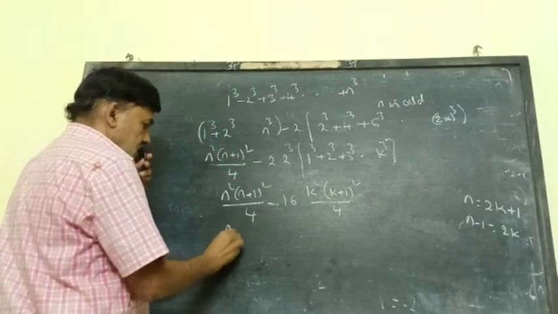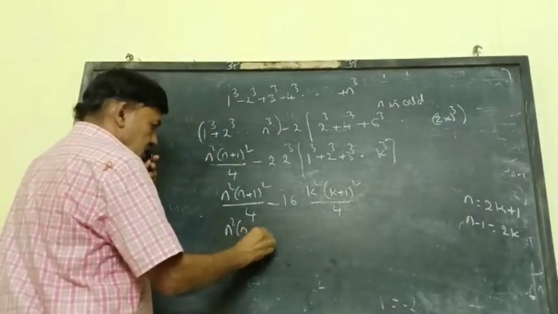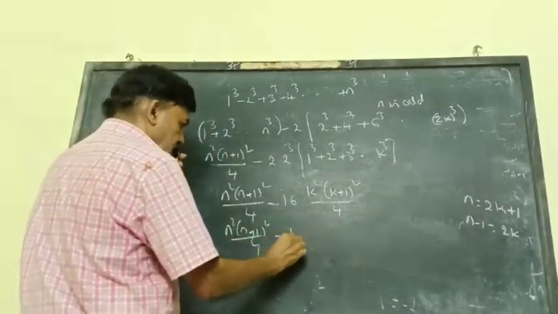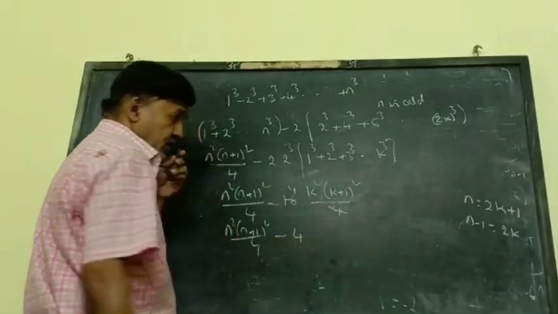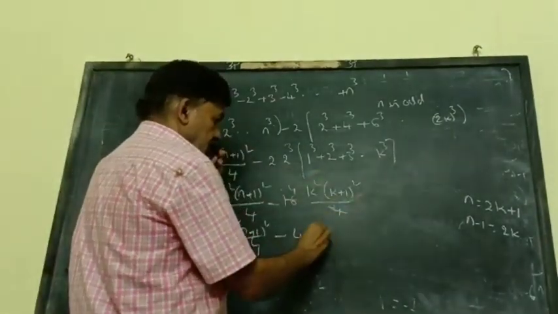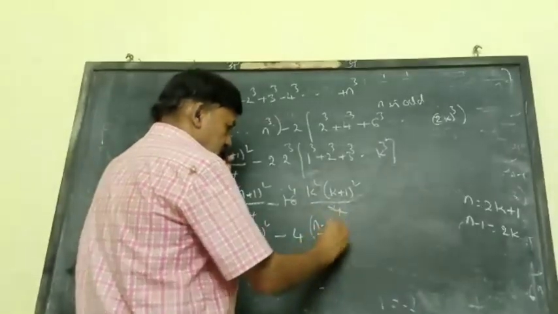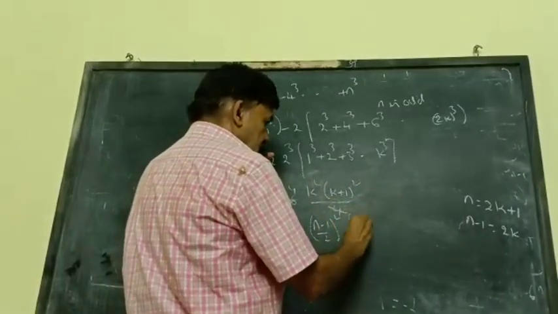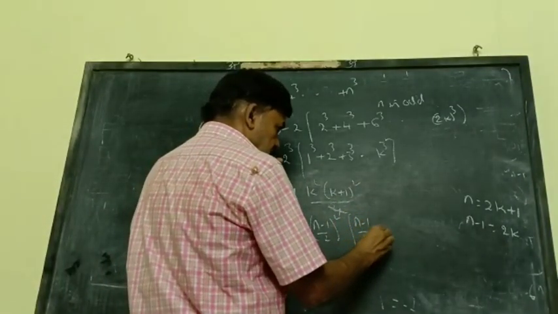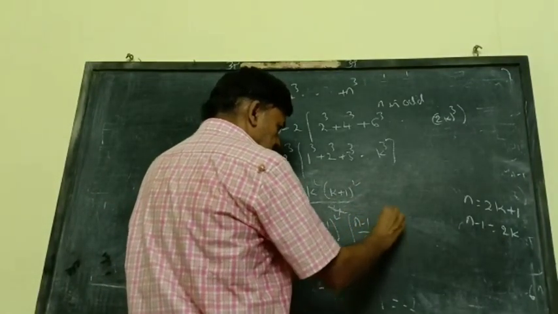So 4 into, what is the k value? n minus 1 by 2 whole square into n minus 1 by 2 plus 1 whole square.